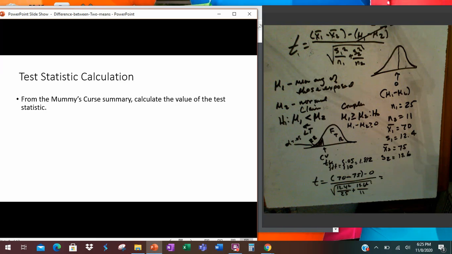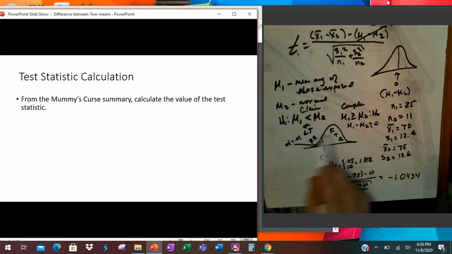The 12.4 squared divided by 25 plus 13.6 squared divided by 11, and that takes care of all of that. And then that would be a t-score of negative 1.0434, stopping there.